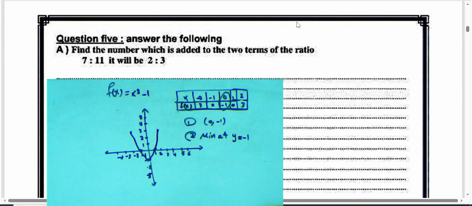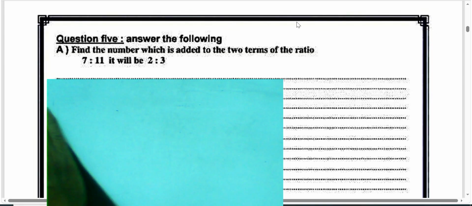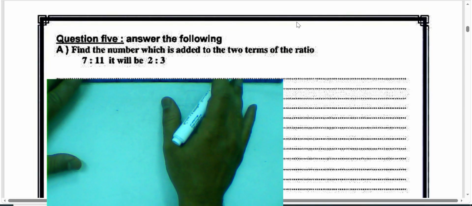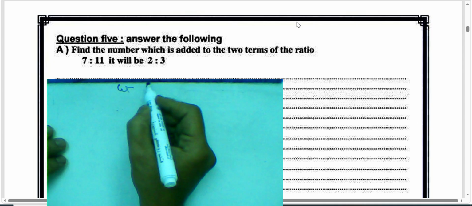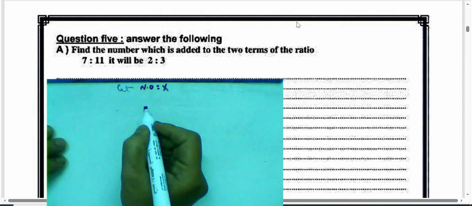Find the number which is added to both terms so that the ratio will be 2 to 3. We will put the number as x.